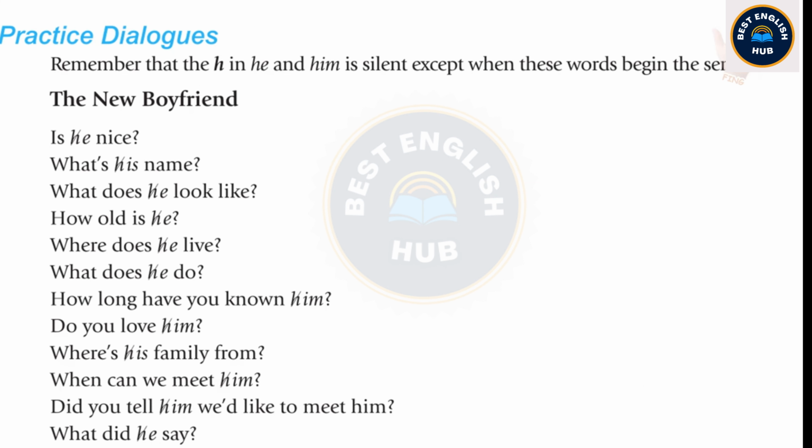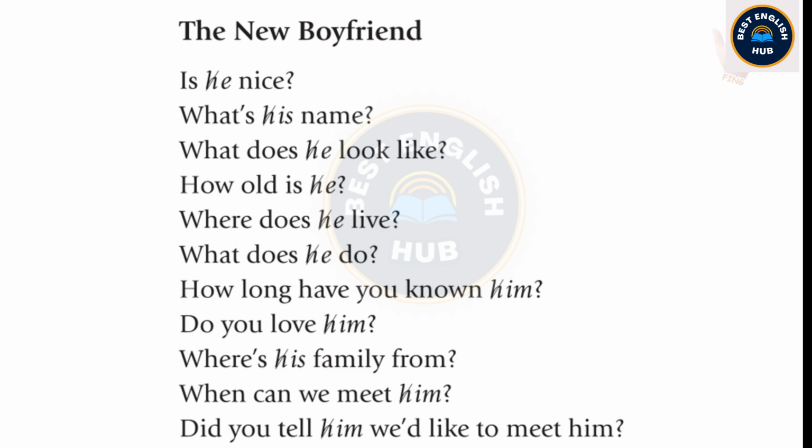Dialogues for practice. The silent H of the pronoun him. Mary's friends ask about her new boyfriend. Is he nice? What's his name? What does he look like? How old is he? Where does he live? What does he do?